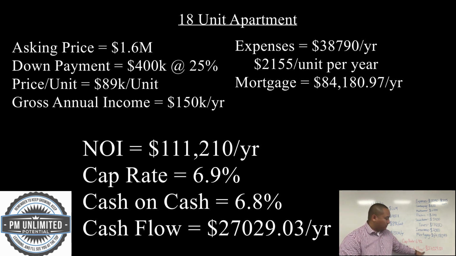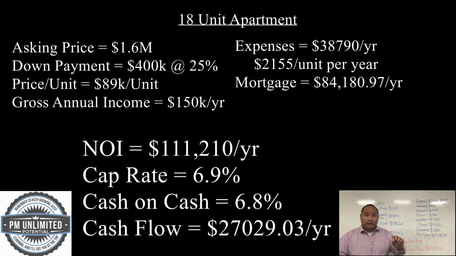The other part is the cash flow. So by deploying half of $400,000, you're going to make $27,029.03 per year. Again, not something exciting, not many things that investors are going to want to partner with you on. But again, these are the numbers that the broker sent.